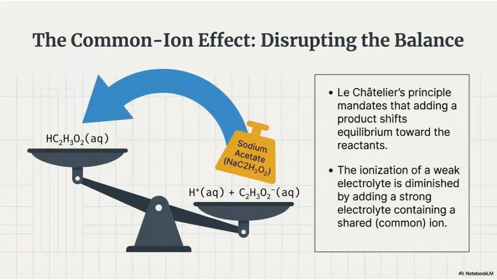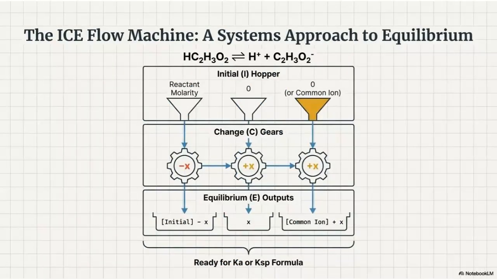Nothing different from what we've done so far. We just are going to modify the ICE table a tiny bit. So now we have an initial situation where we have the concentration of that reactant, but we also have a common ion that relates to that reactant.